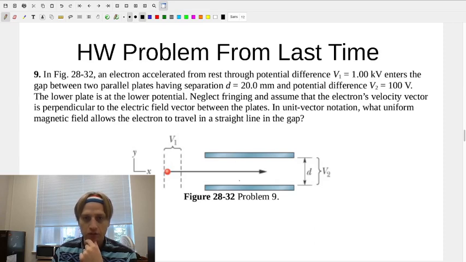So if you are interested in this problem, the effective idea is that by having an electric field that's pointing this way and a magnetic field that's pointing cross, so in or out of the page, you're going to be able to balance the forces such that the total force on the particle is 0. Okay, so if you want to see that, I did that at the very end of the last video.